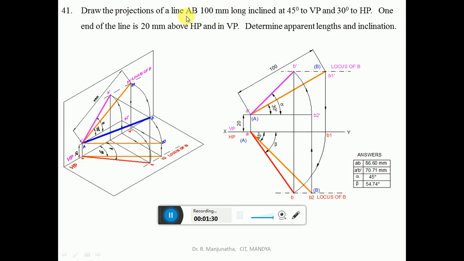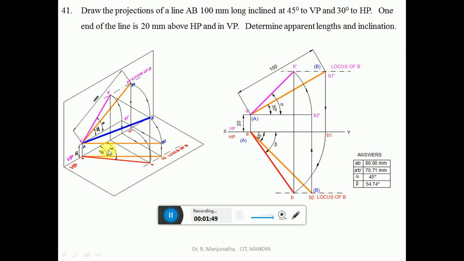The true length of the line AB, 100 mm long, is inclined at 45 degrees to VP. So the inclination to VP is seen in HP. That means when you look from the top view, we can see the 100 mm long line inclined at 45 degrees to VP.